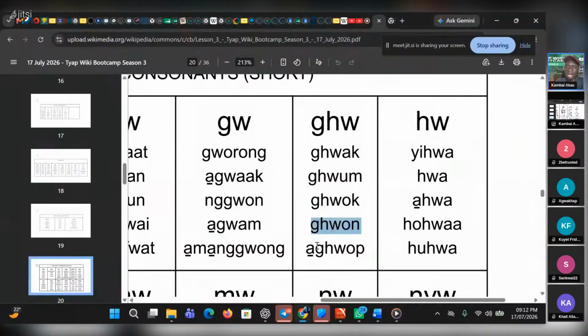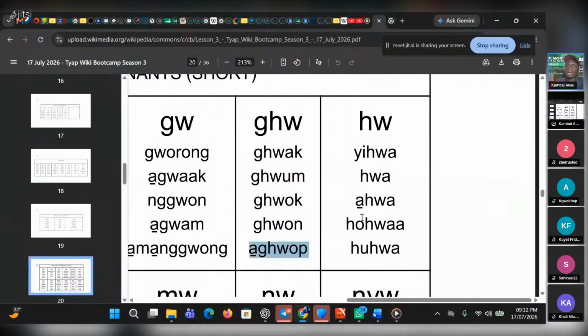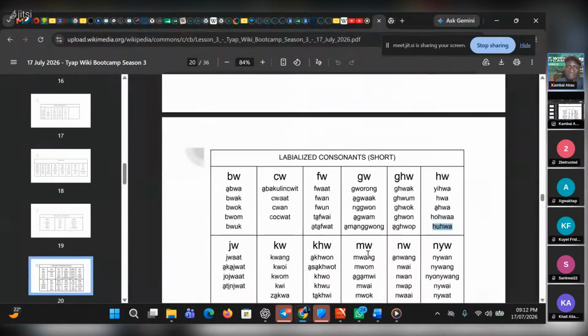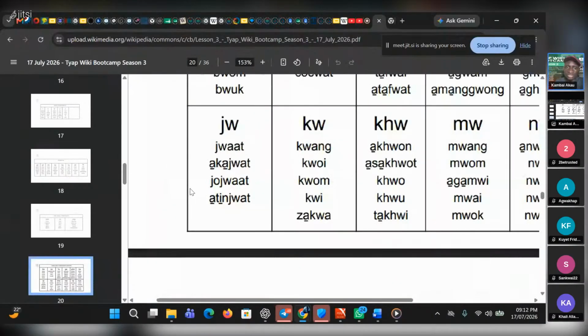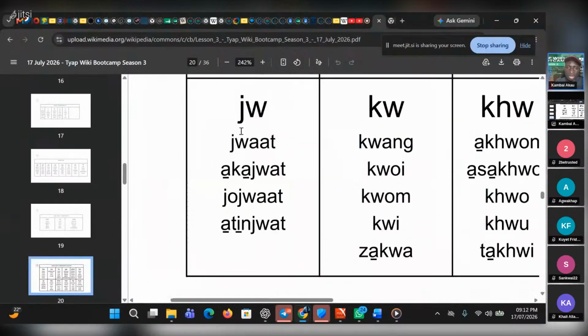And then we have the hua, with examples like yi hua, hua, ho hua, and hu hua. Then we have the jua sound or the labialized J. We have juad, kajuat, jojuat, and tunjuat.